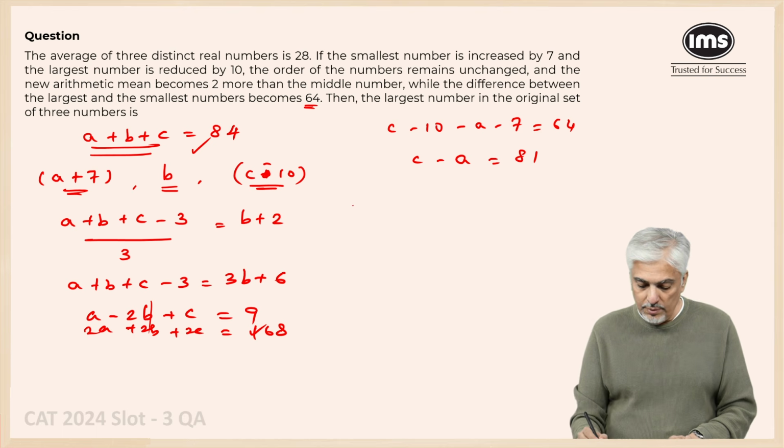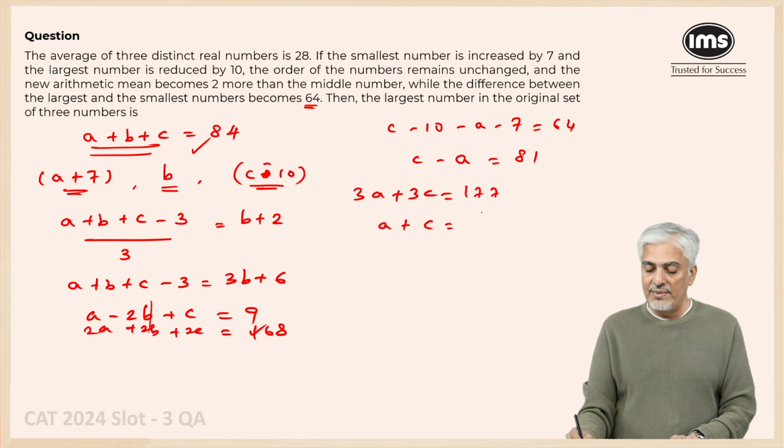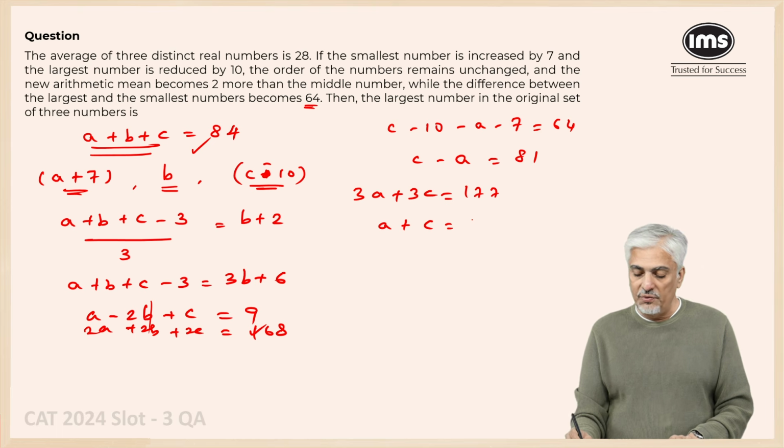So 3A plus 3C is 177, divided by 3. A plus C is equal to 177 divided by 3. 3 5s are, 3 9s are. And we already know C minus A is 81.